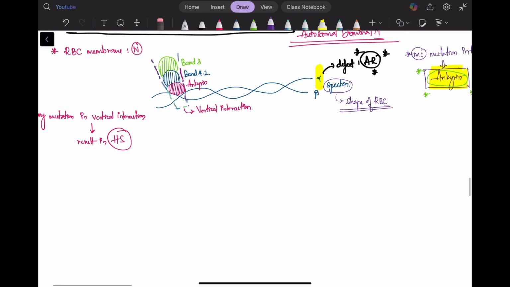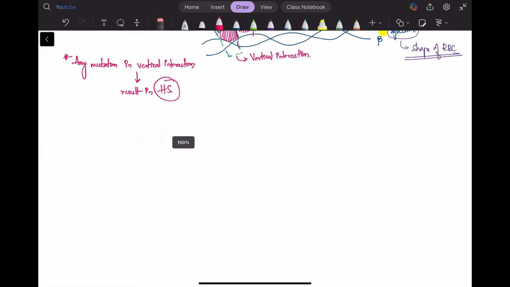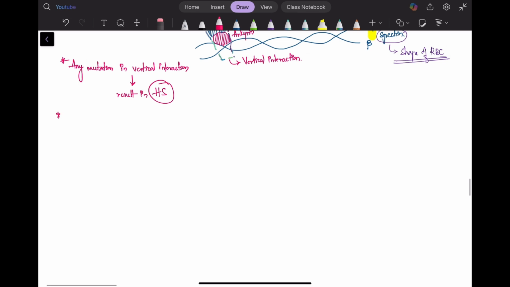So now we'll come to the funda. Mutation happened, story started, then what happened? Your normal decent RBC is converted to a spherical RBC. Then what happens? Just think, there is some guy who is ready to kill someone.